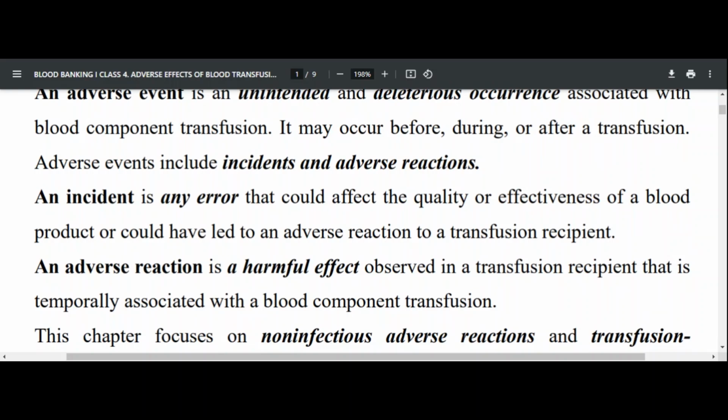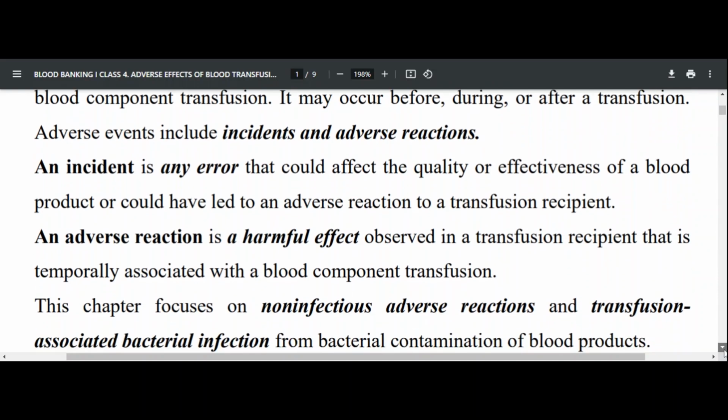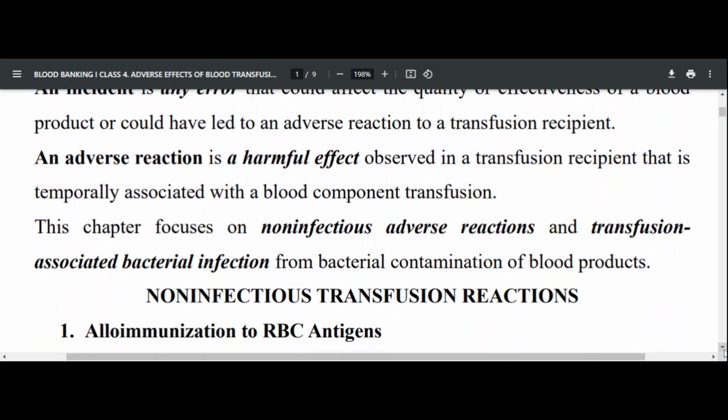This presentation is going to focus on non-infectious adverse reactions of transfusion as well as transfusion associated bacterial infections. So we have two types of adverse reaction in transfusion: non-infectious adverse reactions, as well as transfusion associated bacterial infection from contaminated blood components, of course.